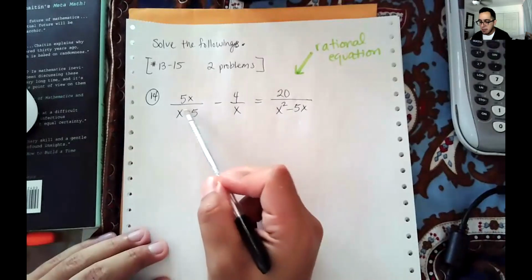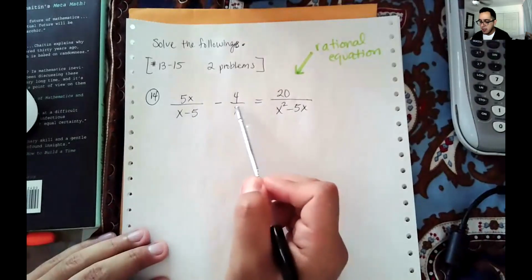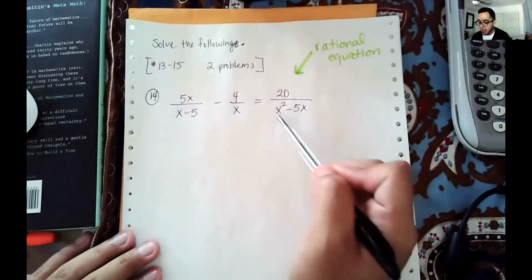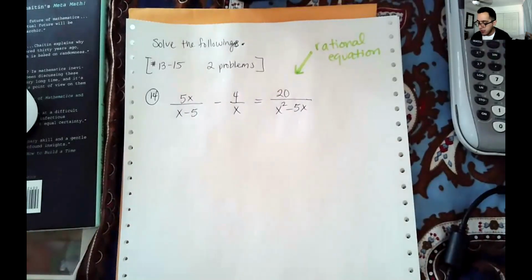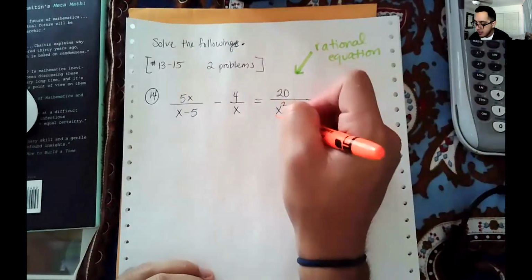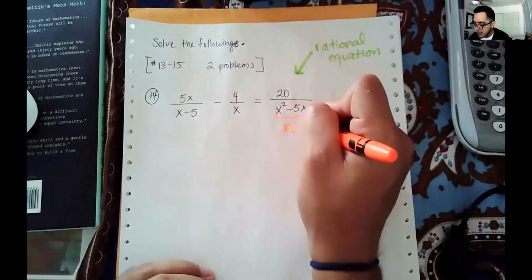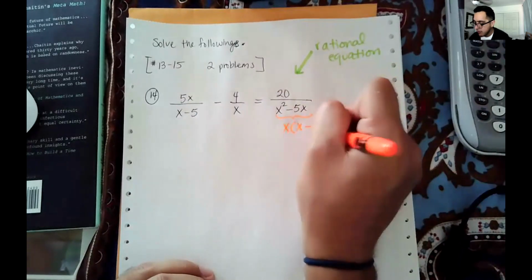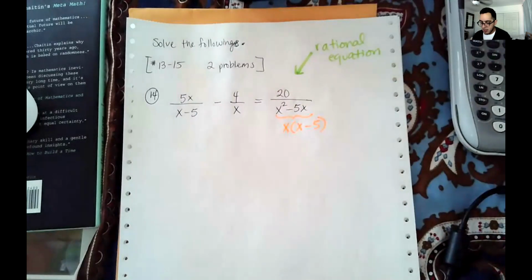So if I'm just inspecting the denominators of these equations, I might say to myself, well, hey, this denominator here can be factored. So we could just factor it, and we'll see that we'll have x times x minus 5. And then we might ask ourselves, what is the value of x that might make our denominators equal to 0?